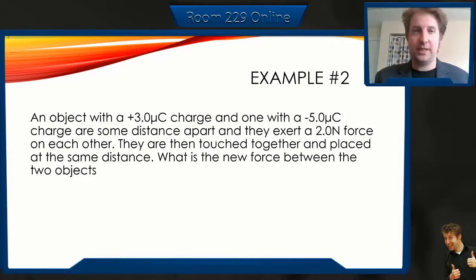We're going to touch them together, put them back to the same distance. What's the new force going to be? Let's think about this for a second. What's going to happen when I take a positively charged object and a negatively charged object and touch them to each other? What's going to happen to the charge on the two objects? One's positive, one's negative. They're going to attract each other.